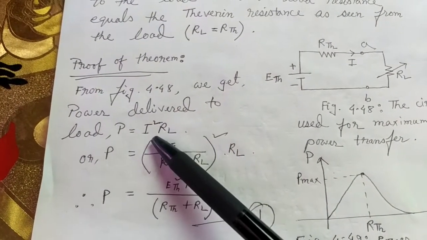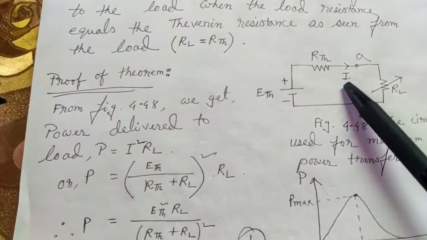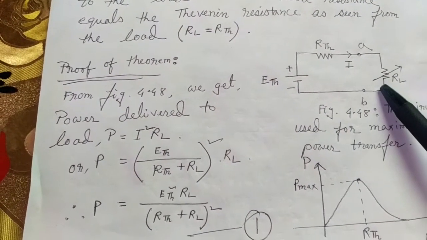Now the circuit current I equals the total voltage E Thevenin divided by the total resistance R Thevenin plus RL.